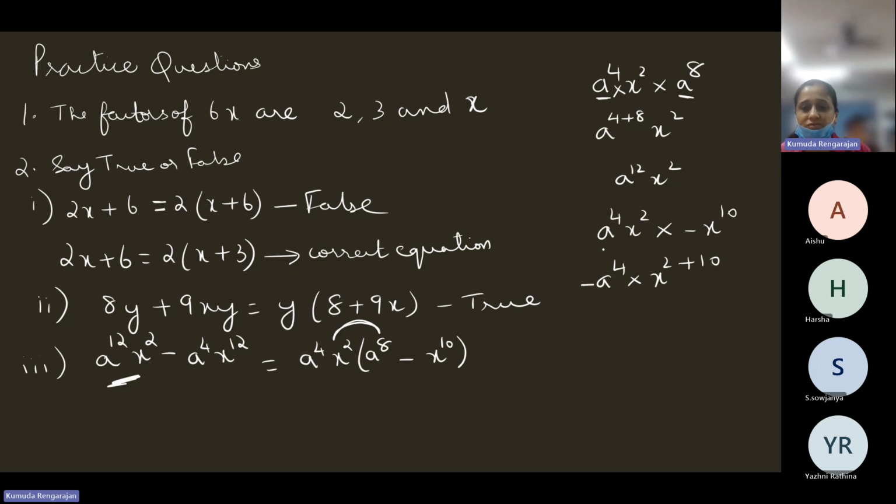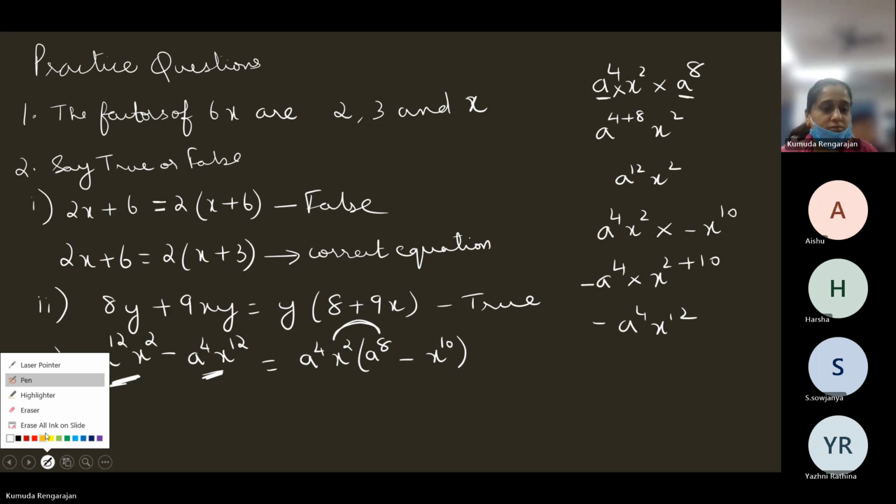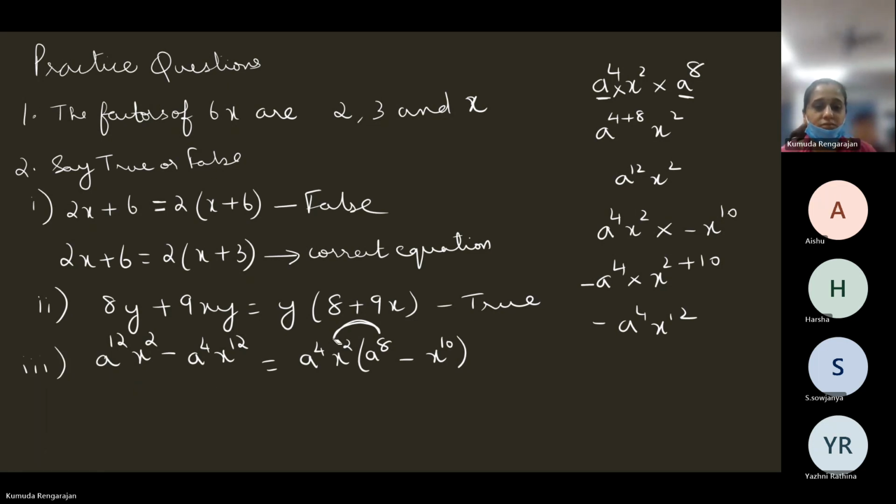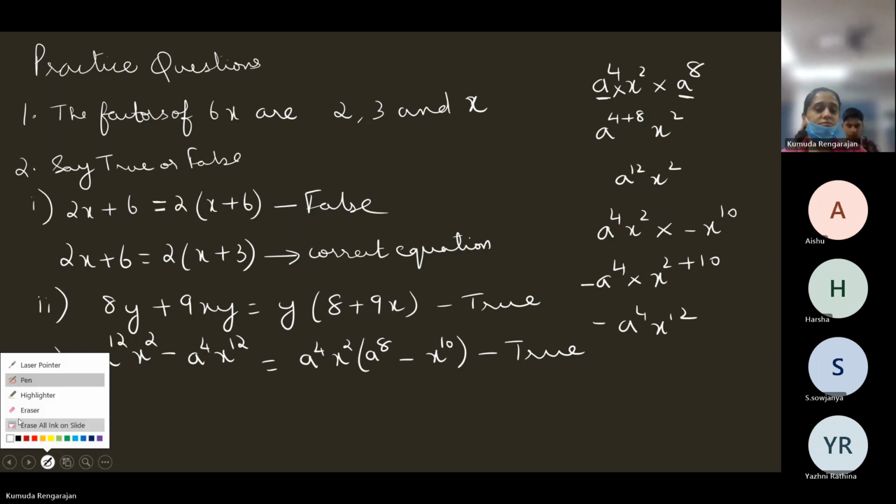When you multiply, minus a to the power 4 into 2 plus 10, so minus a to the power 4 x to the power 12. So it's true. Right on, children.